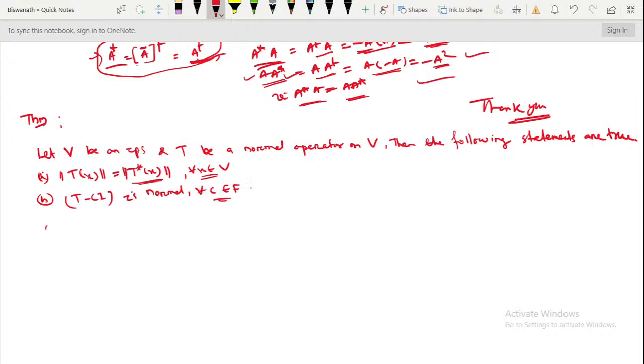Okay. So then in the third part, if x is an eigenvector of the linear operator T, then x is also an eigenvector of T star.